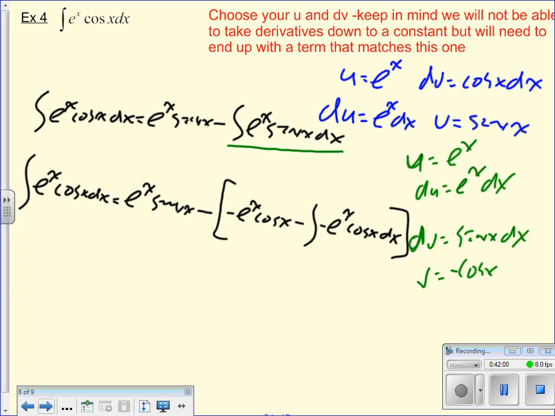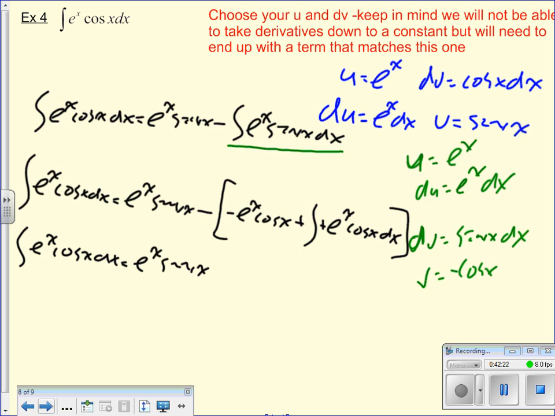Now, here we go. I want to get rid of the parentheses. The integral of e to the x cosine x dx equals e to the x sine x. Take this negative, distribute. Now, these two negatives become a positive here.